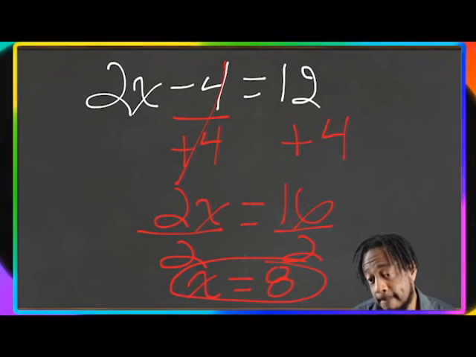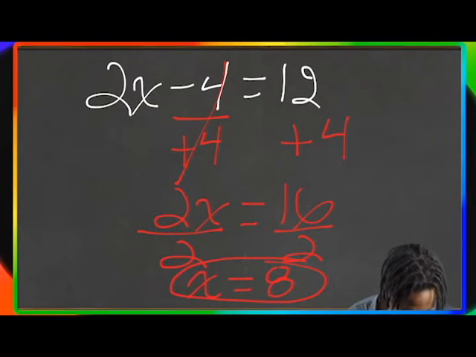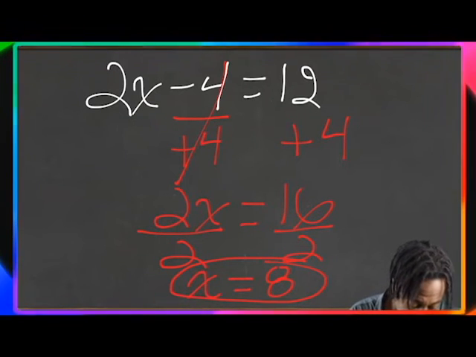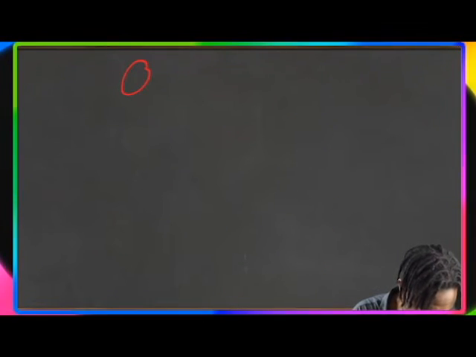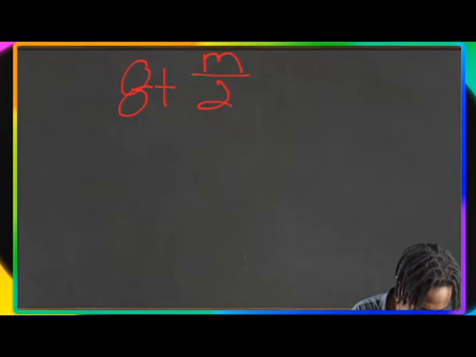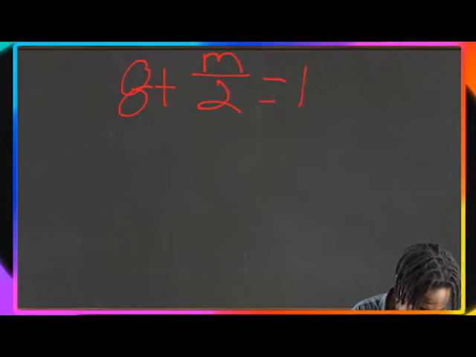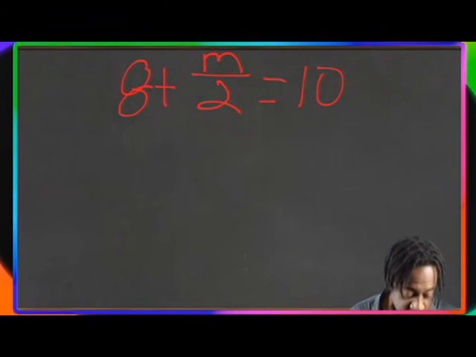We got it? Maybe. Okay. Let's try another one. So we have 8 plus m over 2 equals 10. Now, change colors here.